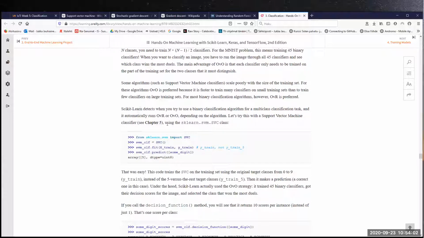The scikit-learn program that we are using here is so smart that it detects automatically which is the suitable approach.